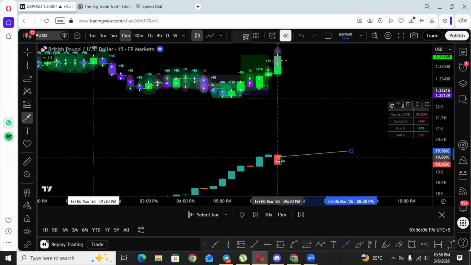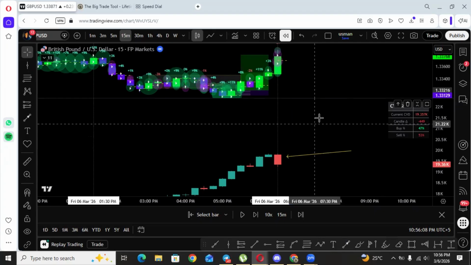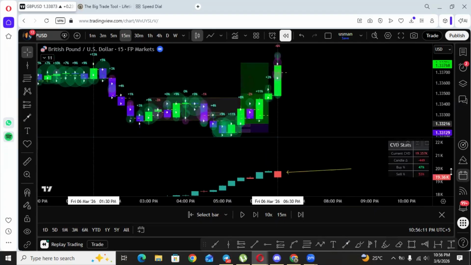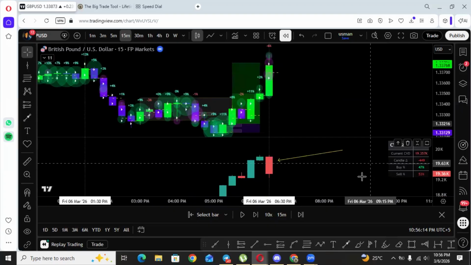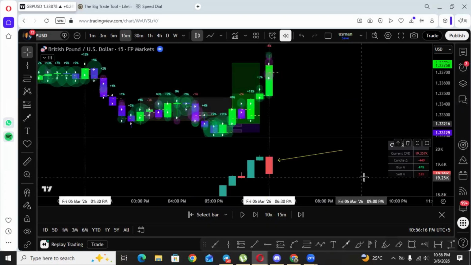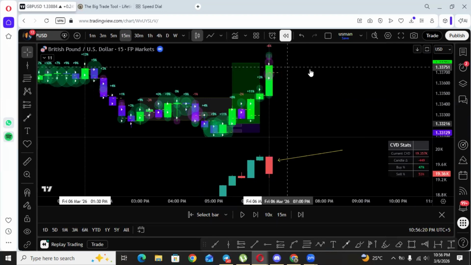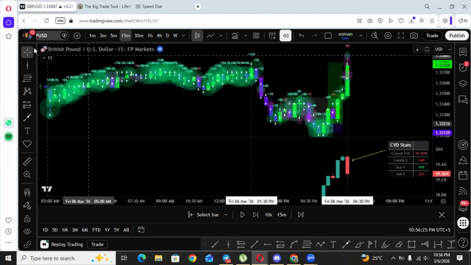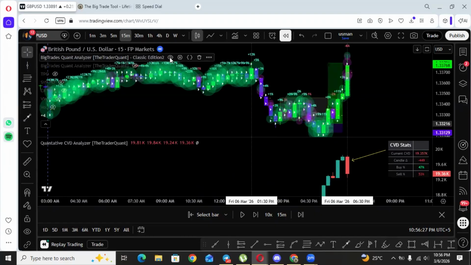What are institutions doing? Tell me. They are selling. They are selling, and look at how strong the candle is. Nobody can think that institutions are selling at this point.